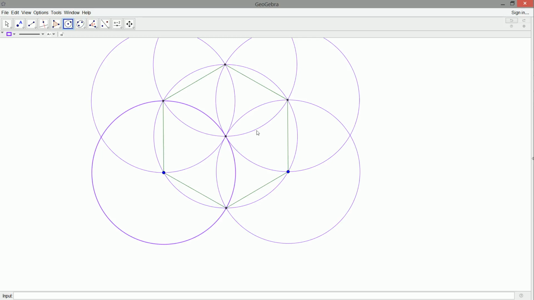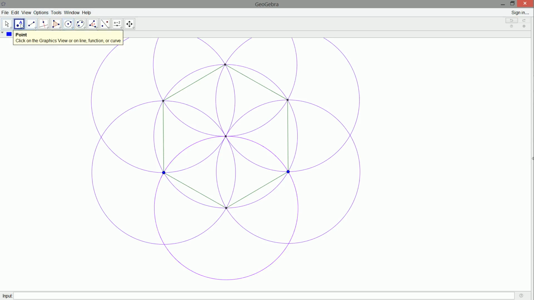I'm missing 1. I feel like I'm missing one. There it is. Alright, there we go. So we've got all 6 sort of petals in here. Okay. So we can get these intersection points out here. Create perpendicular bisectors.